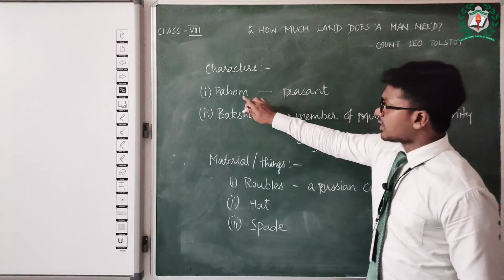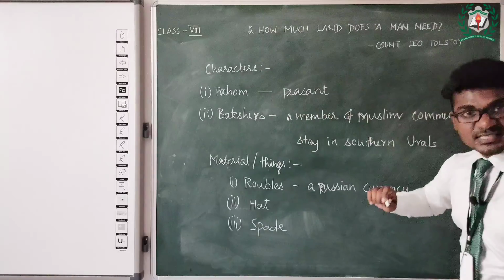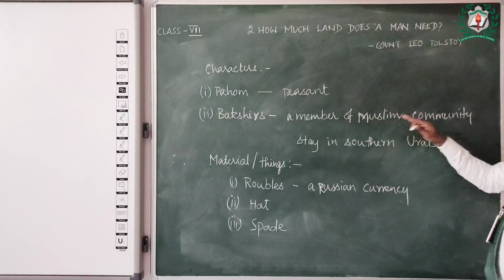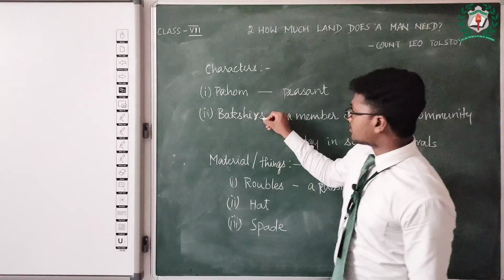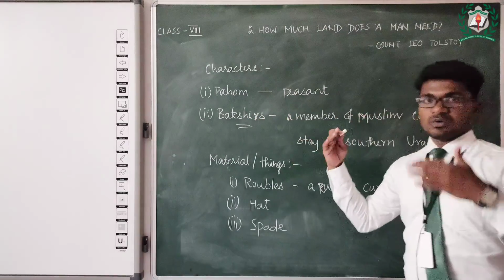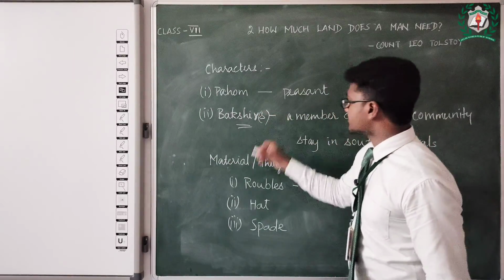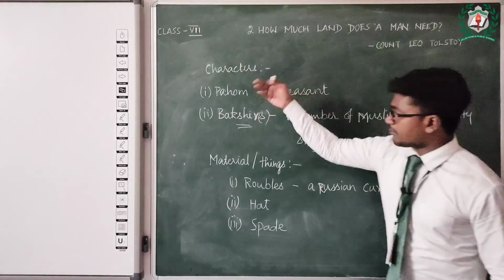So characters: Pahom, who is a peasant; Bakshirs, a member of the Muslim community. A community, one member and a few members are also interacting with Pahom.